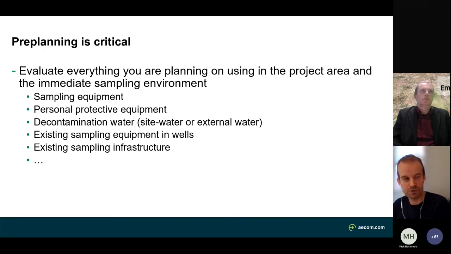Additional research showed that the valve was connected with a type of taping, and the new taping compromised the results. So there were PFAS observed due to residual concentrations in the taping. Therefore, take into account all the equipment and all the materials that come in the immediate sampling environment.